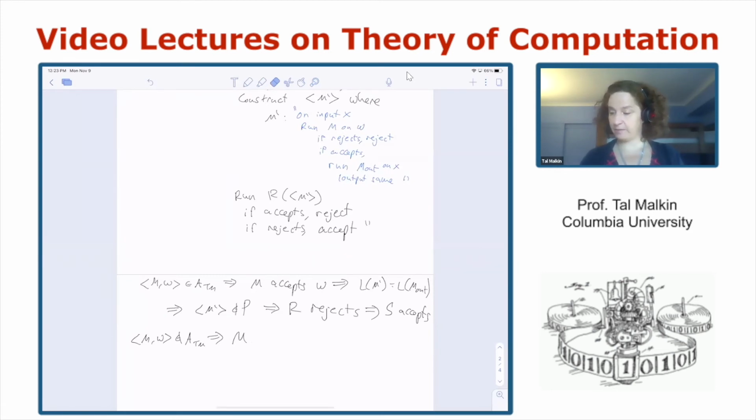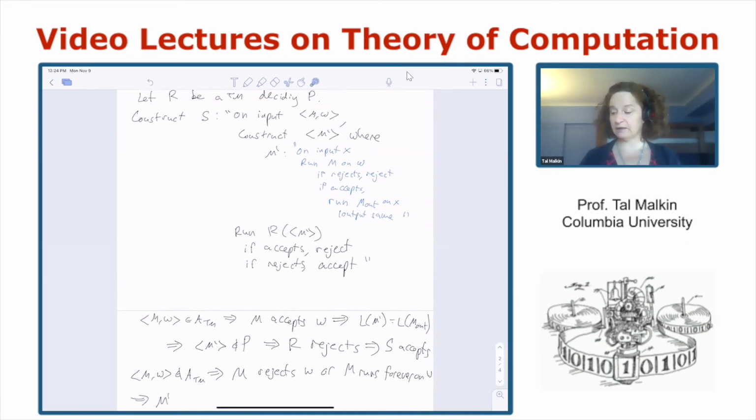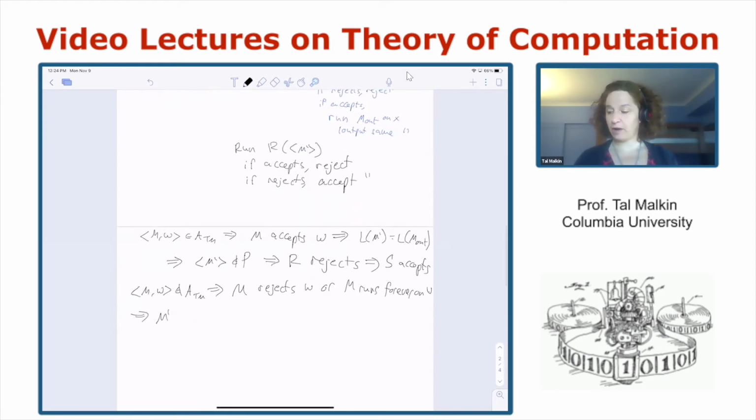Let me say if MW is not in ATM, then M rejects W or M runs forever on W. Which means what? It means M prime on every input X, it will either reject or will run forever in this point.